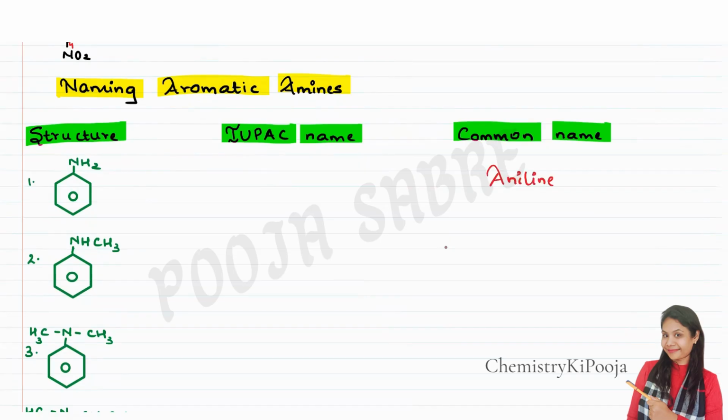Whereas if I need to write down the IUPAC name, it will be benzenamine: remove e from benzene and replace it with amine. It is of a similar type as alkane: we removed e from alkane and replaced it with amine, so it became alkanamine. Exactly the same way, remove e from benzene and replace it with amine.